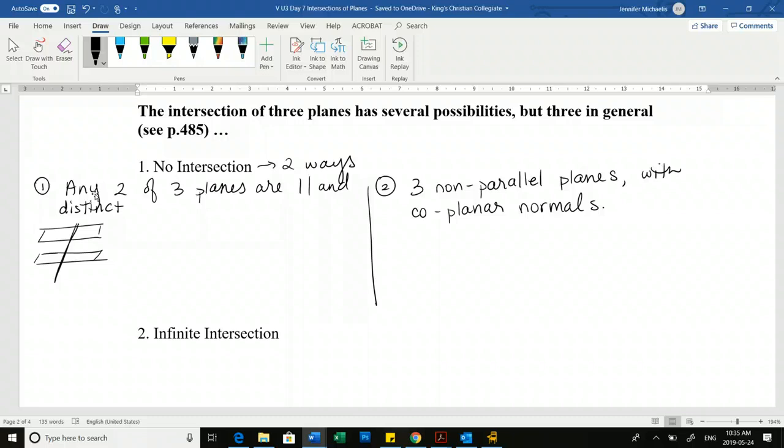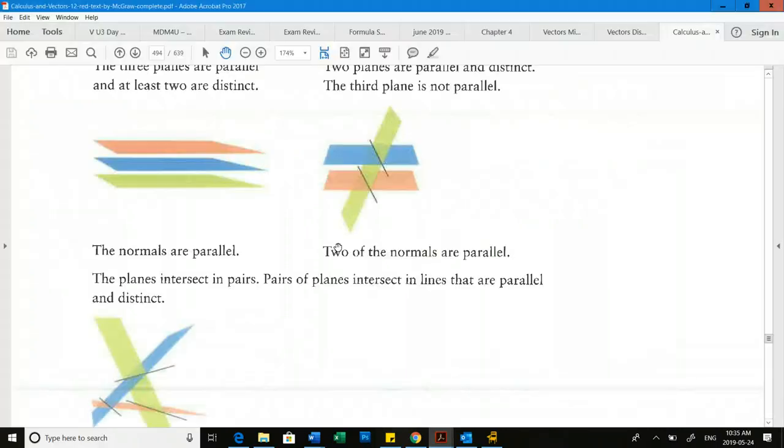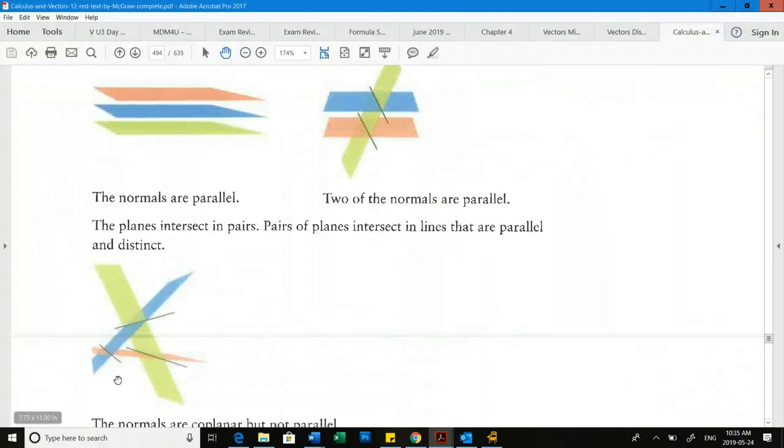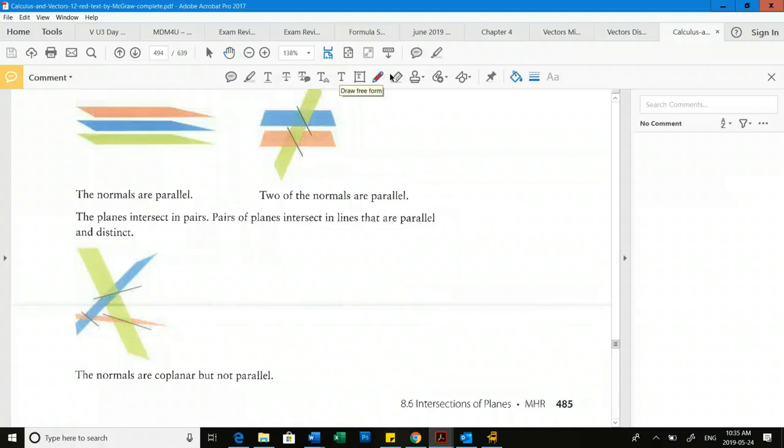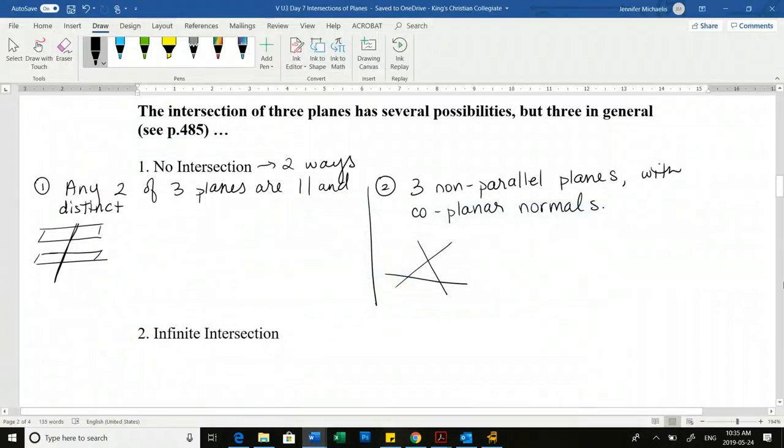So if I have my 3 planes that form this triangular piece, this shows it better in 3D. All of my normals sticking out from each of these are forming their own plane, right? So they are coplanar normals, even though the planes have no solution of intersection.